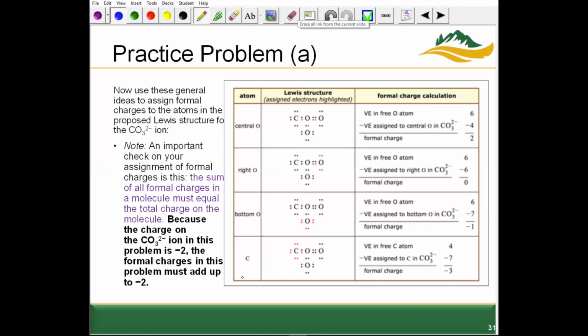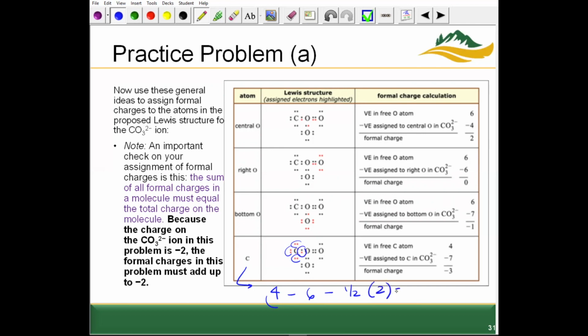In case you'd rather use the equation that's given, let's try it for carbon. It has 4 valence electrons. It has 1, 2, 3, 4, 5, 6 non-bonding electrons. Minus 1/2 times the number of electrons in bonds.